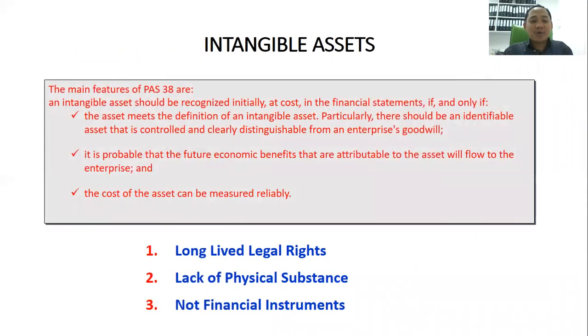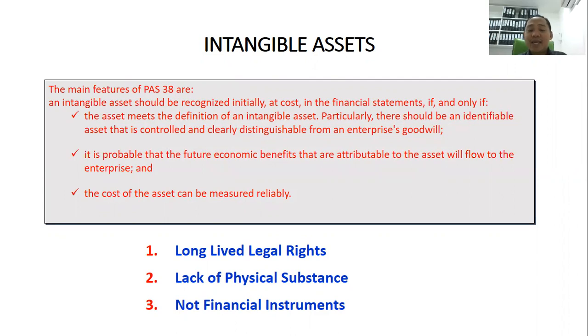Now, what is intangible assets? The main features of intangible assets are in PAS 38 or Philippine Accounting Standards 38, which says intangible assets should be recognized initially at cost. So the valuation will be at cost to present it in the financial statements. You only recognize it if the following criteria are met, meaning the intangible asset meets the definition of an intangible asset.